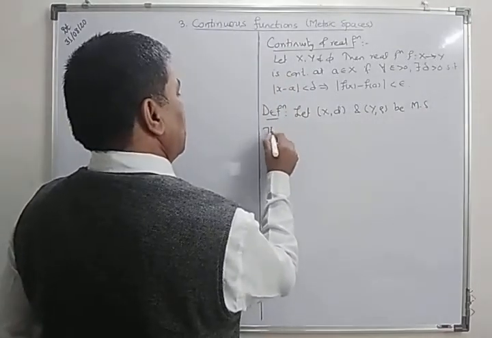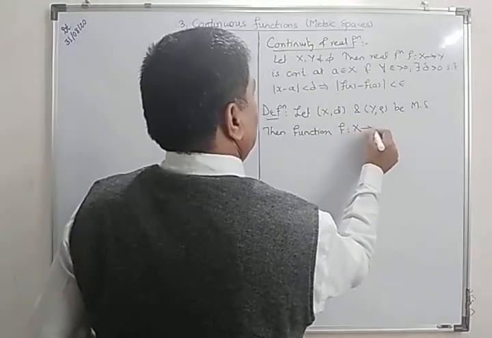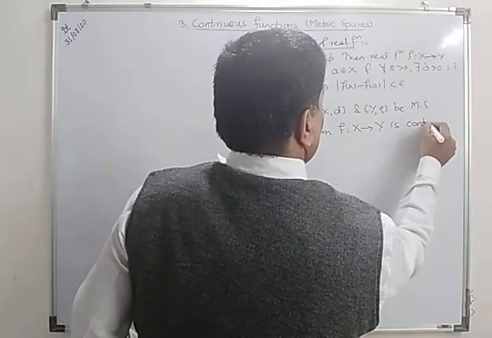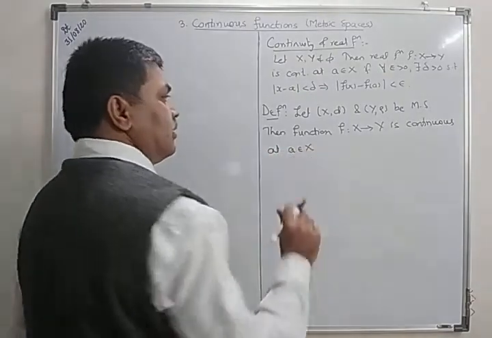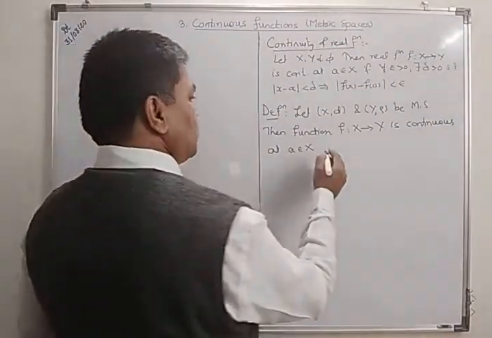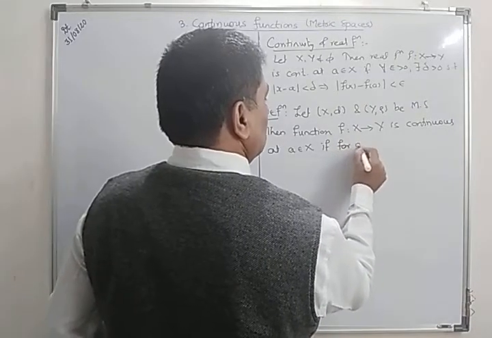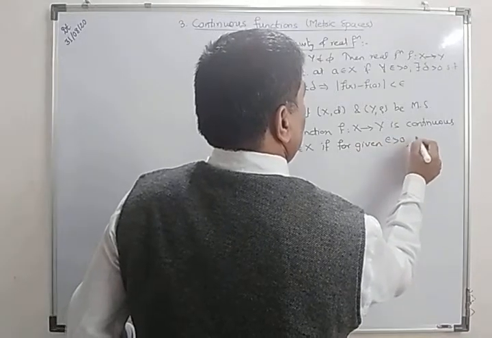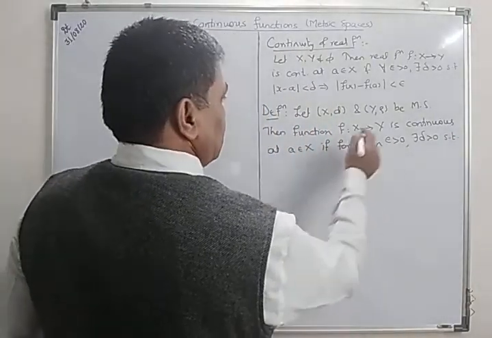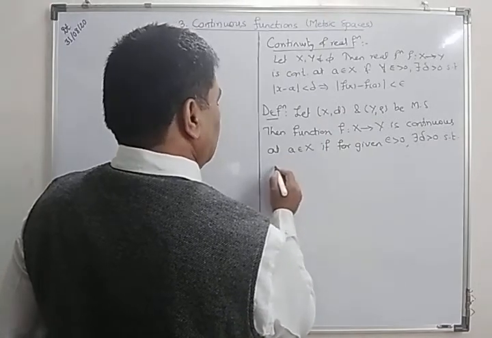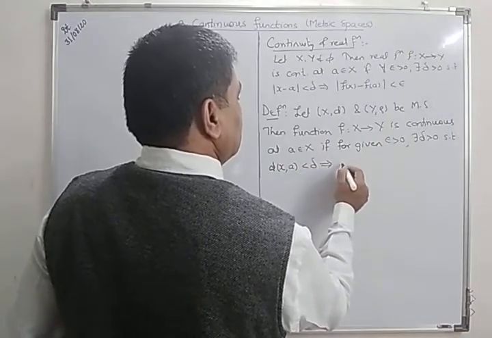Then function f from X to Y is continuous at a belongs to X if, definition is always an if and only if condition, for any epsilon greater than 0, there exists some delta greater than 0 such that distance between x and a, d(x, a) less than delta implies distance between f(x) and f(a).